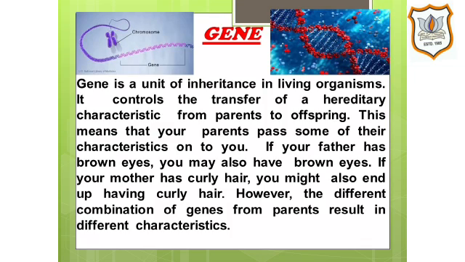In other words, it is the genes on the chromosomes which decide all sorts of things about us, say the color of our eyes, the look of our hair, the shape of our nose, our complexion, our appearance, etc. For example, if our father has brown eyes, we may also have brown eyes due to the gene of brown eye color coming from him.